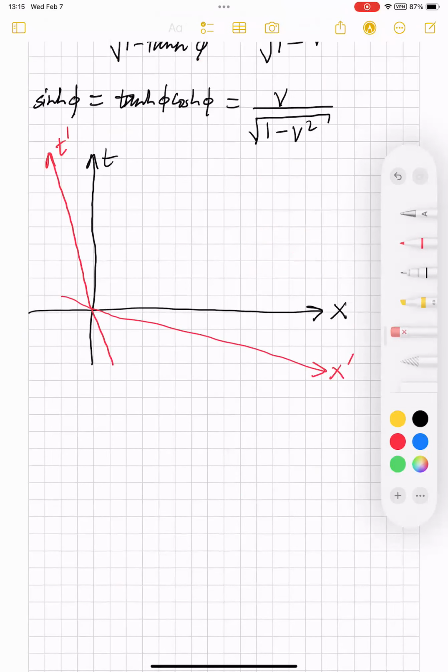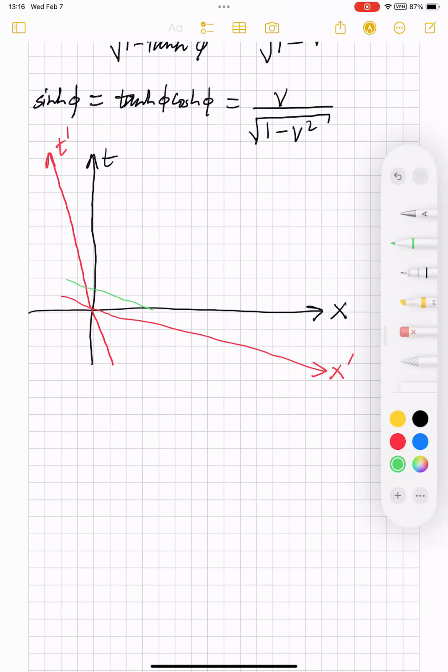Now, I want to draw some lines of all the same time t prime. So of course the x prime axis, all points on those lines have the same value for t prime.